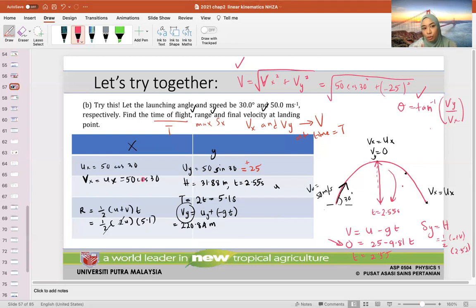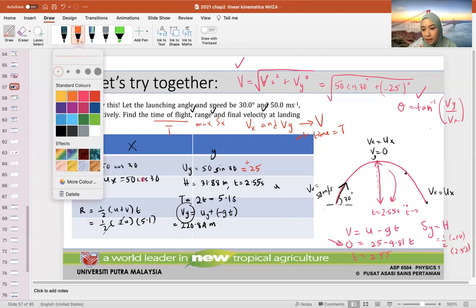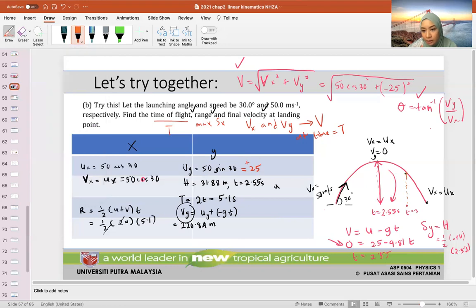Kalau saya letak time, let's say 3 second, dia akan pergi ke kanan lagi lah kan. What will I get for my SY? I will get this point. This is the displacement that I will get. If I put my time as 1, this is the displacement that I will get. So kenapa saya nak pakai masa kat sini?